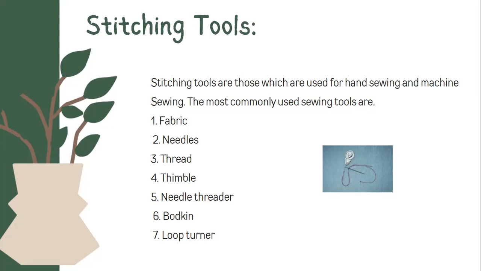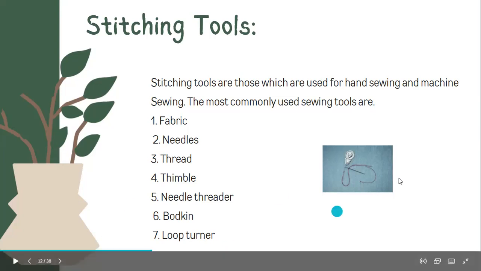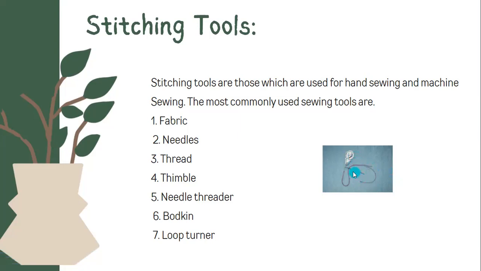Then the other thing is the needle threader, this is the needle threader over here. This is a tool that is used for threading a needle. You can place the thread onto a hole in this, and then the needle can be passed through it, so it is easy to thread.